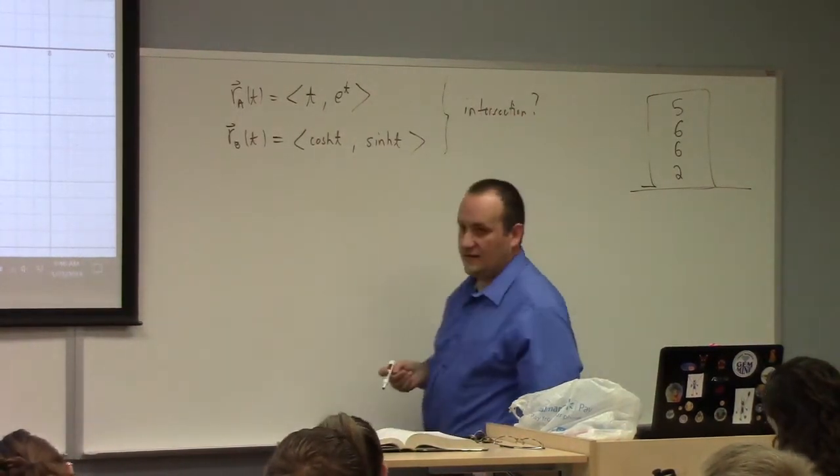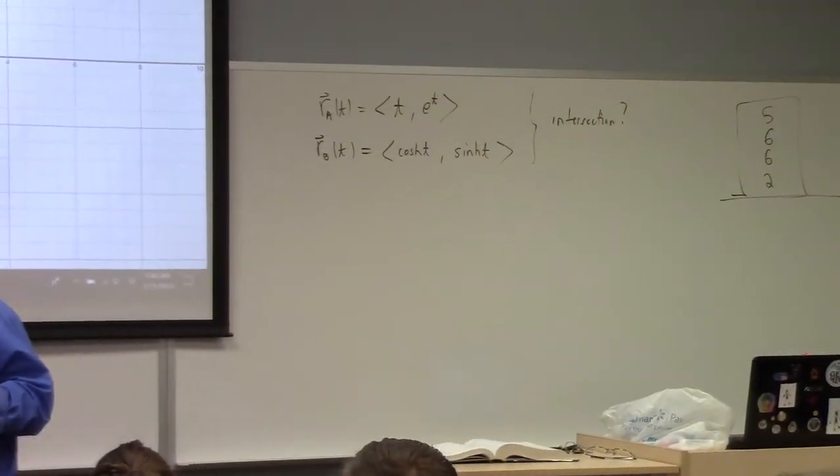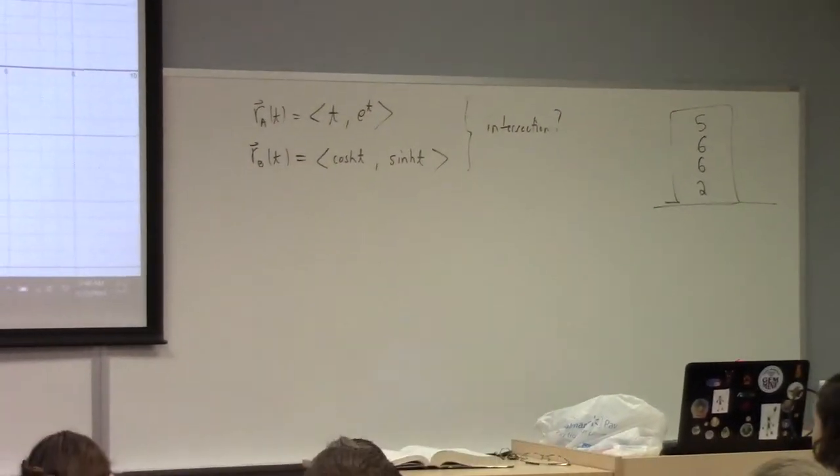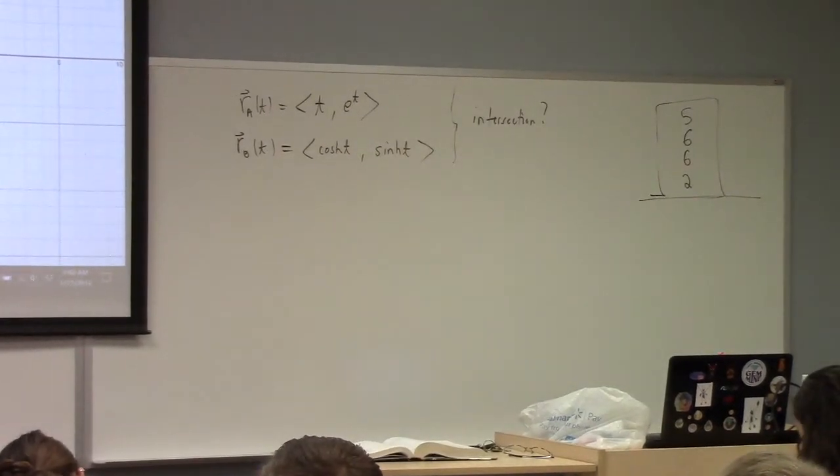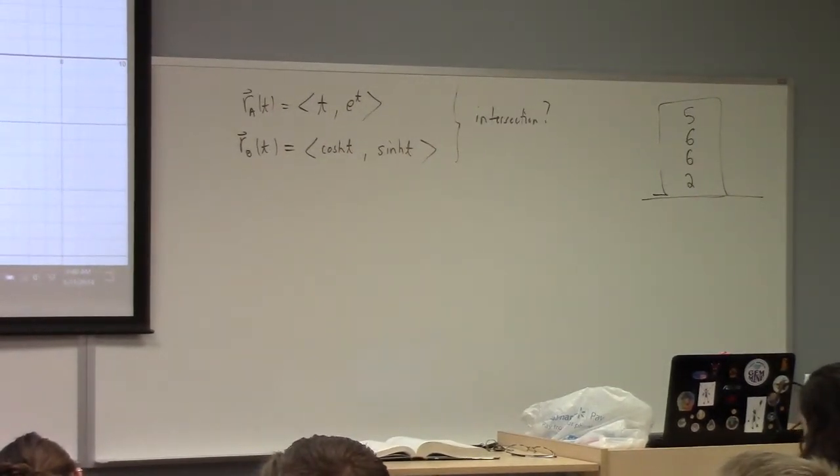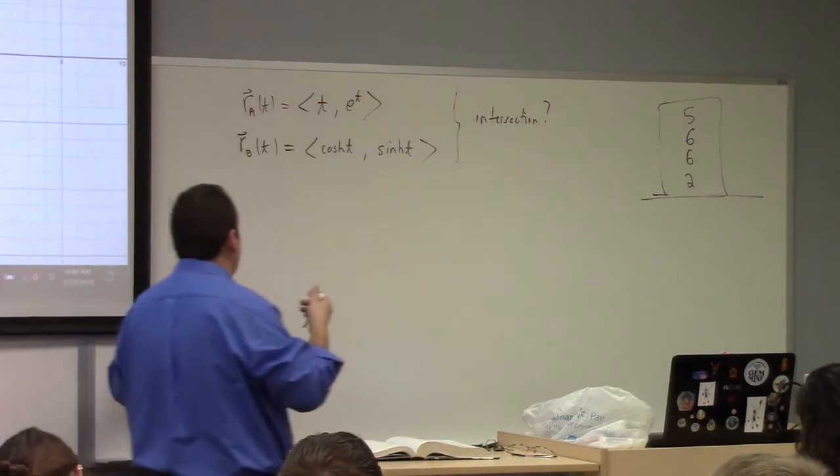One approach I could take would be to reduce it to a problem of Cartesian coordinates, find the corresponding Cartesian equations for these, and then just look for a simultaneous solution set. Forget about the time altogether.